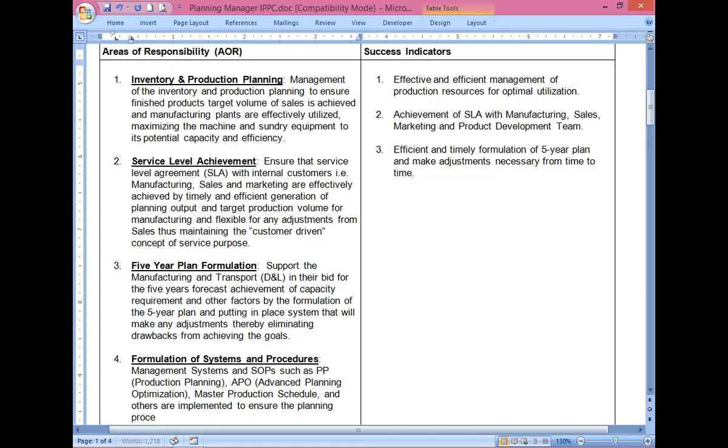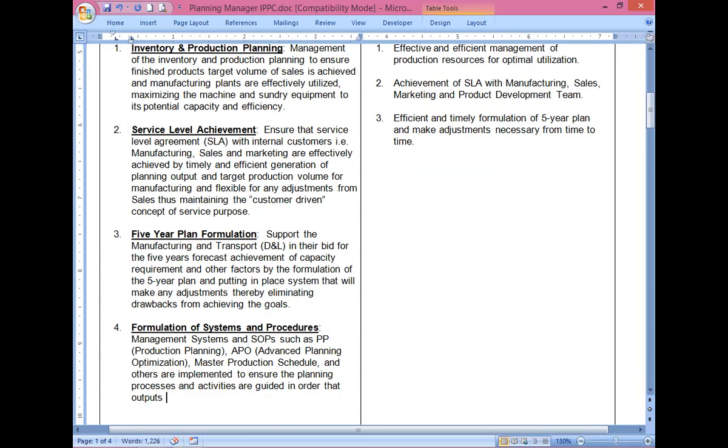To ensure the planning processes and activities are guided in order that outputs, I make it plural, are in line with, is it okay to capitalize the company?